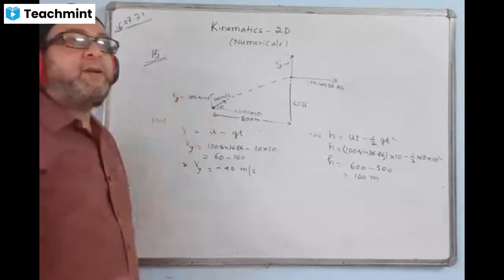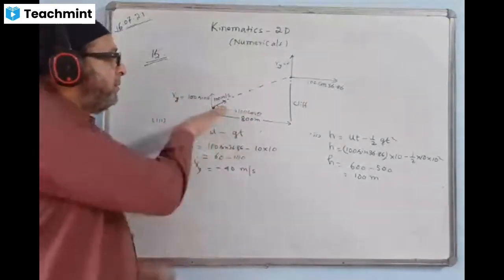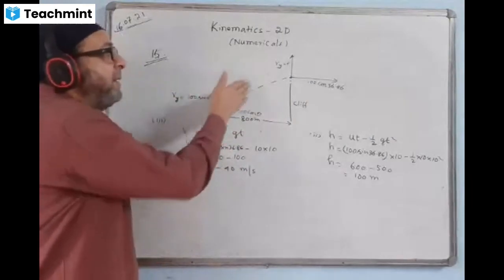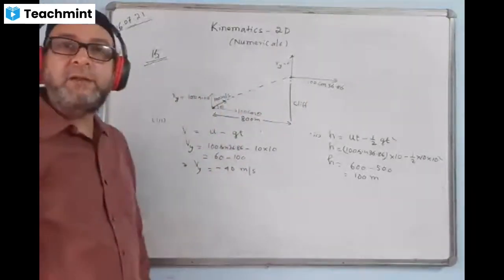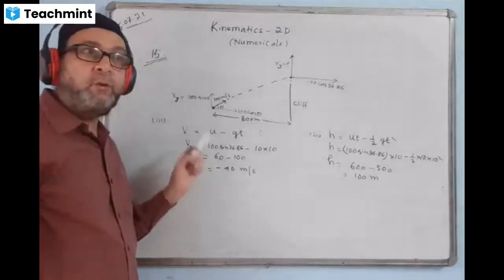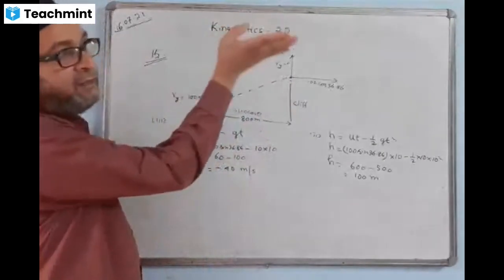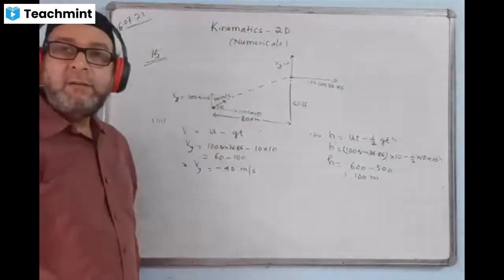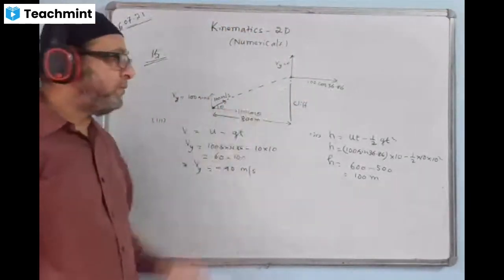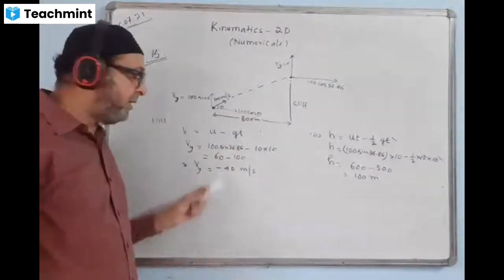In the beginning, we did not know whether during the rising time or during fall time it is hitting the top. But according to this answer, minus sign is coming. That means it is going to hit the cliff while returning back. After reaching the maximum height, while returning it is hitting the top of the cliff. That means in the time of fall, the direction of velocity is reversed.